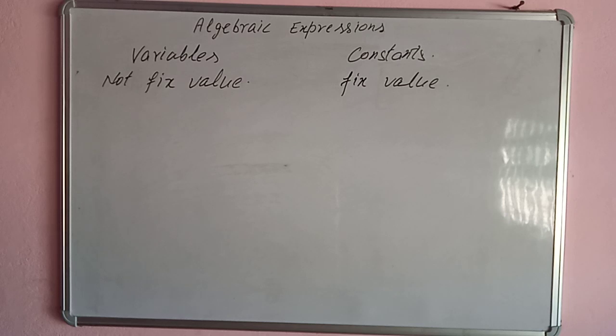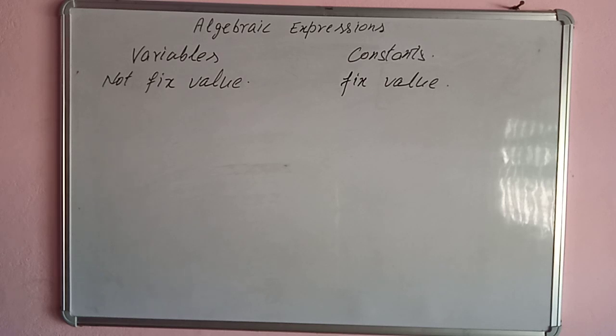Here are some examples. The number of hours in a day, the number of months in a year, the number of seconds in an hour are all examples of constants, because they always remain the same. But the length and breadth of a rectangle may be different for any size, so this is an example of a variable.